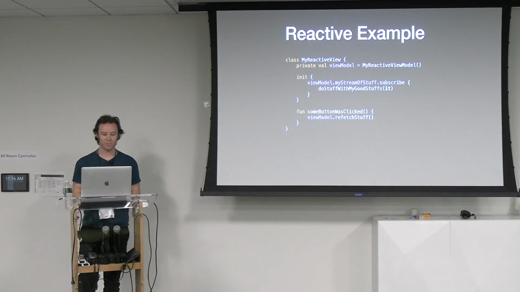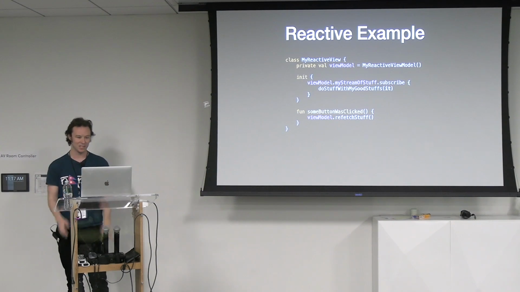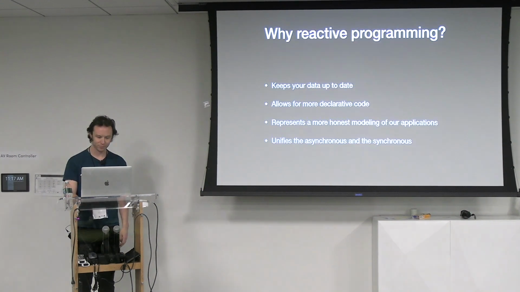The nice thing about reactive programming is we don't need to duplicate a lot of this logic, and we know that a lot of our state is up to date because we're representing it as a stream of objects instead of a single snapshot in time. Those are some of the benefits you get. This is a very convoluted example, but that's a tiny little reactive example.